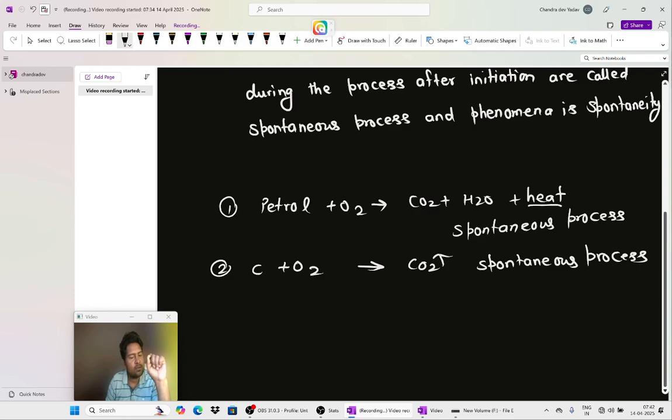Petrol combustion is spontaneous. If both systems are connected to each other, then piston movement will be spontaneous, because the value of heat, the value of energy, is very high compared to the energy required for movement of the piston. So both become feasible, both become spontaneous. This is the daily life use. This is the importance.